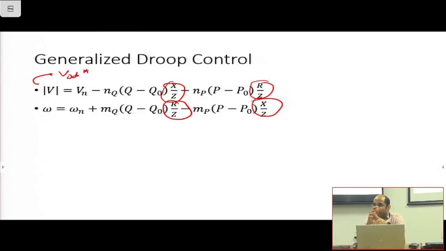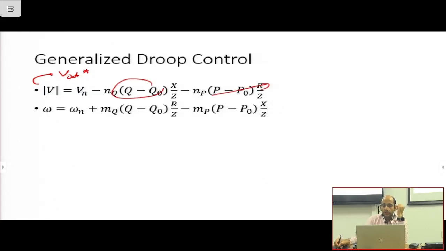If the line is purely reactive in nature, what will happen? This X by Z will become 1. R by Z will become 0, right? So if R by Z becomes 0, let's say this term goes away. That means voltage is just related with Q. Likewise, this goes away. That means frequency is related to P.